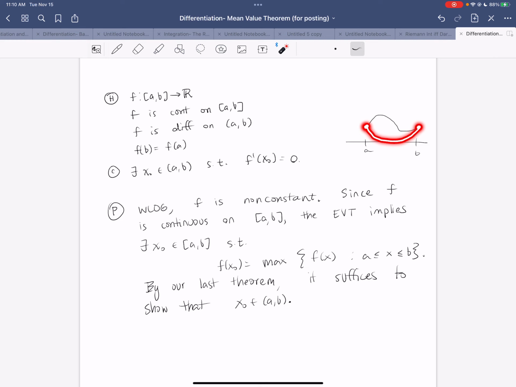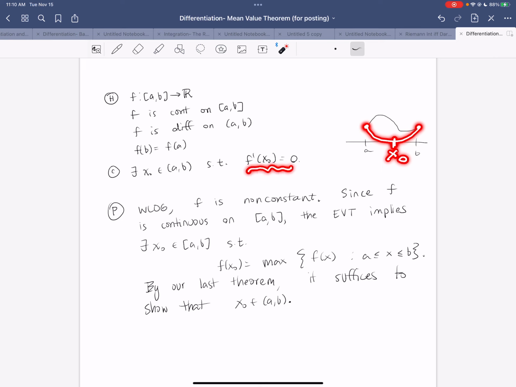So let's go back and adjust our proof, because if we're in this scenario here, remember there has to be some point where the function attains its minimum. So then we would say, hey, use this minimum, use that point to show the existence of a point whose derivative is equal to 0.